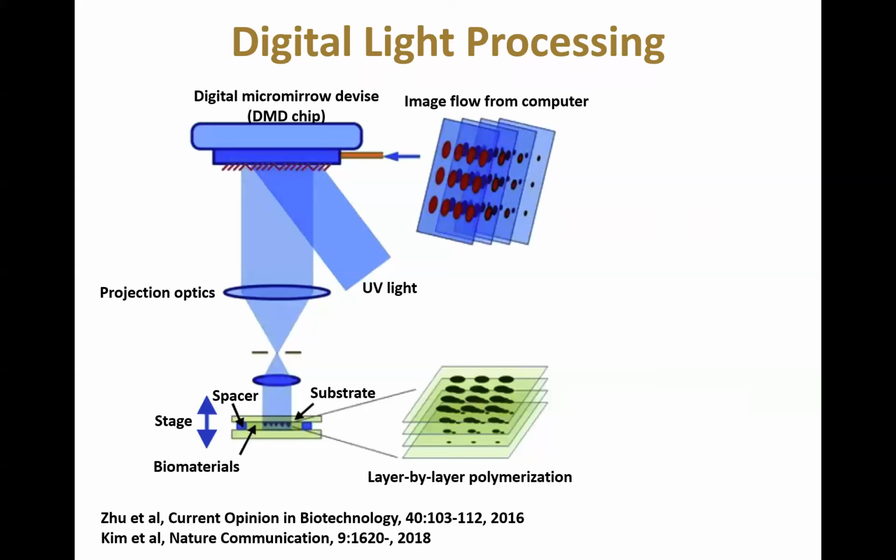And here you have a 3D image generated on a computer that sends that information to a digital micromirror device chip that then processes that information and projects the images through optics down into your vat of biomaterials that are then polymerized in a layer by layer fashion to produce your 3D construct.